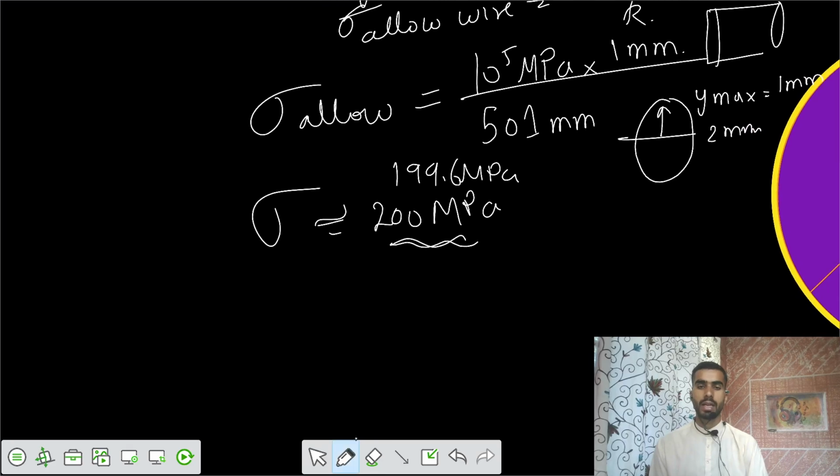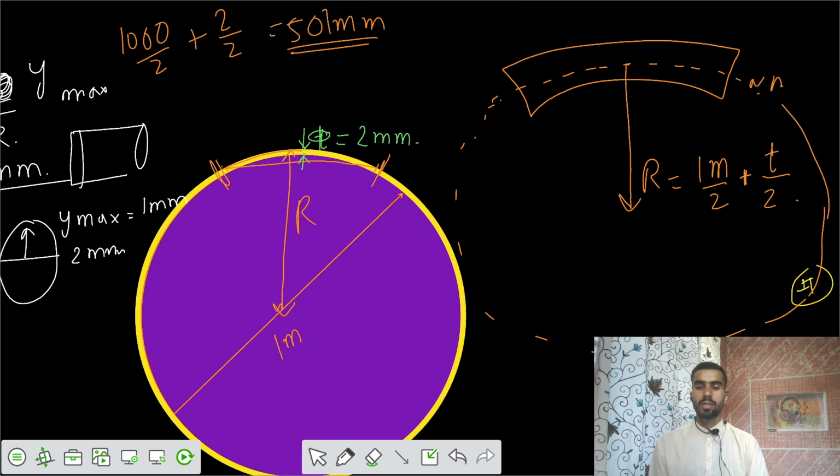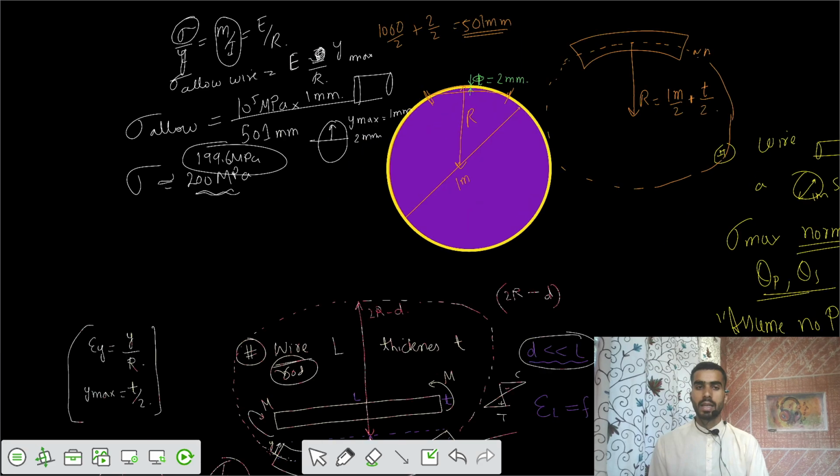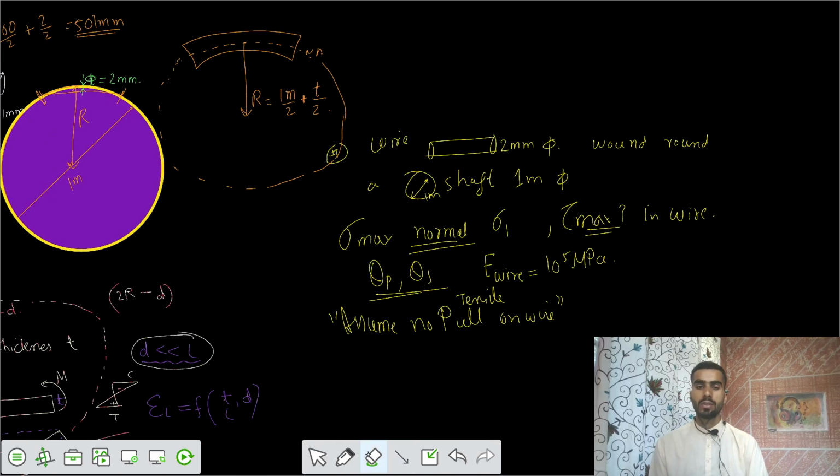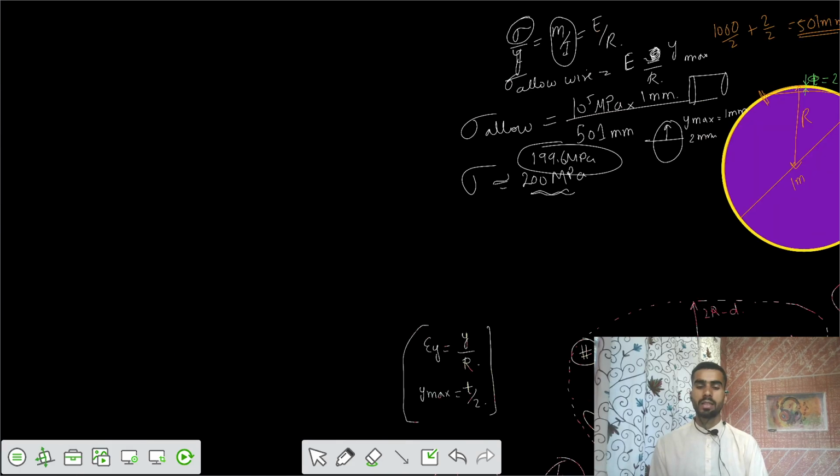Then we say there is no other pull or tensile stress acting, no load acting outside. So this is the maximum tensile stress we can allow. We have this wire, and the maximum bending stress we can allow, sigma max, should equal 199.6 megapascal.